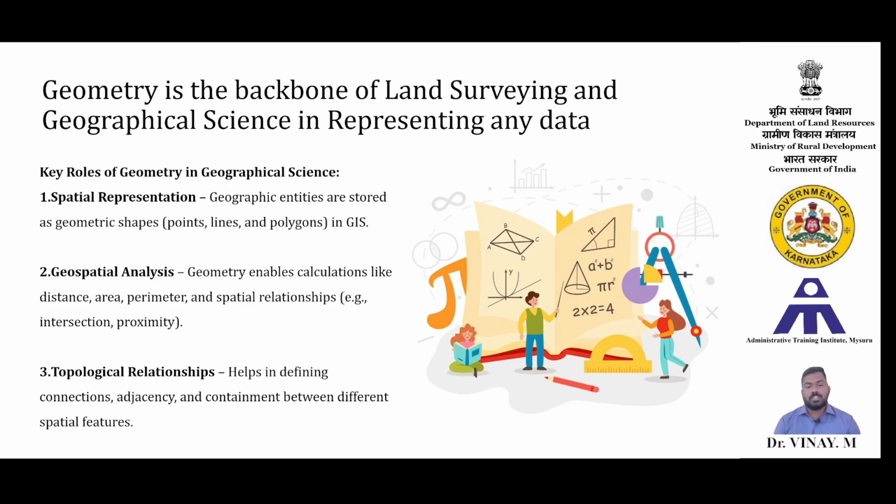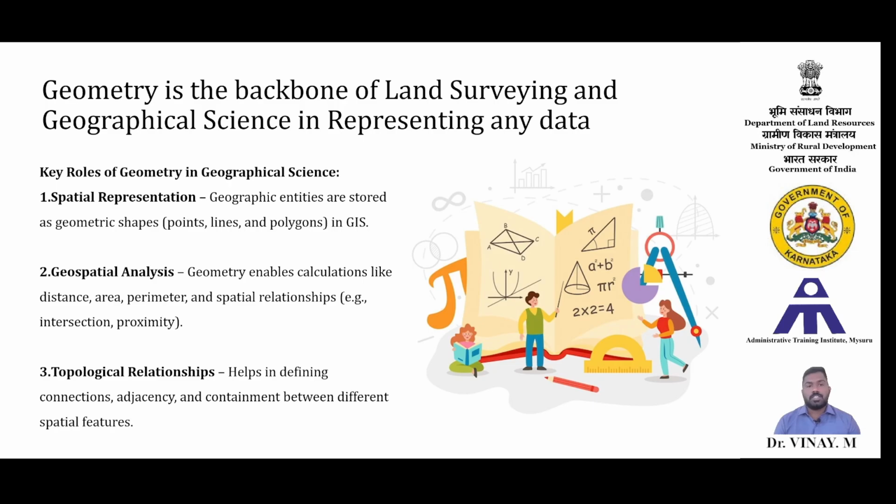Topo means feature, logy means study. So geographical features and their relationships, the connection, how one feature is connected to another feature, adjacency, how one feature is neighboring another feature, containment, whether one feature is contained in another feature. These types of complex analysis can be done with the help of geometry.